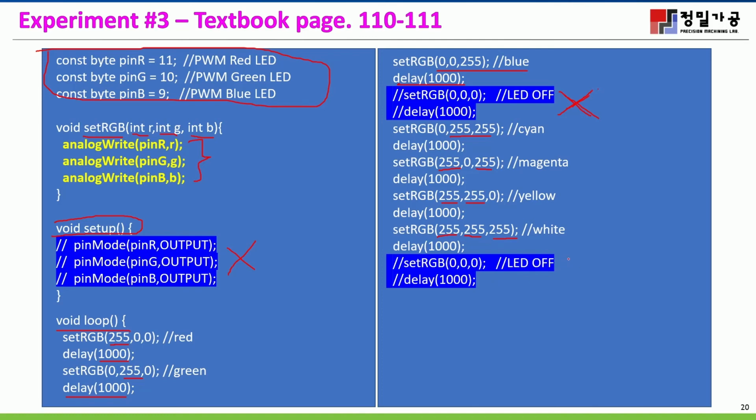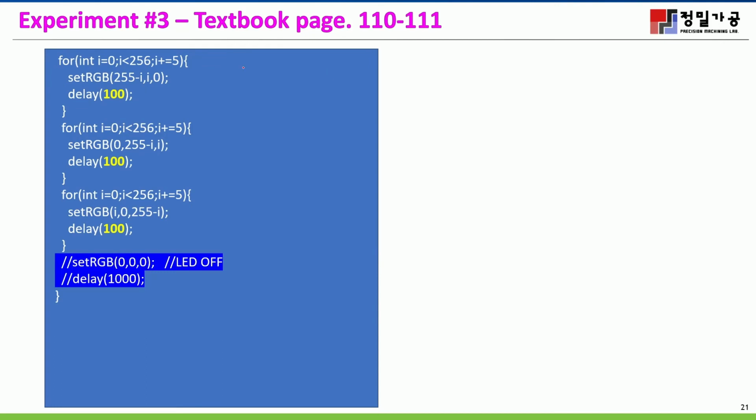After that there is a for loop. We drive and change the value starting from red first. When i is 0, we start from red and then change through the middle colors, so a variation from red to green.